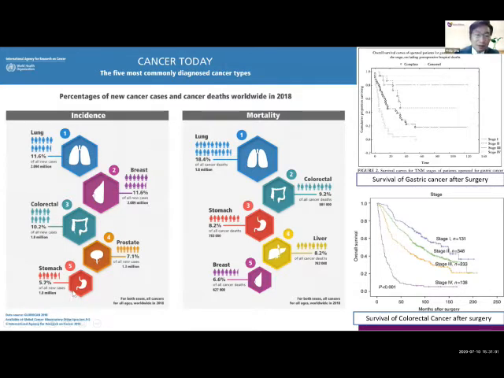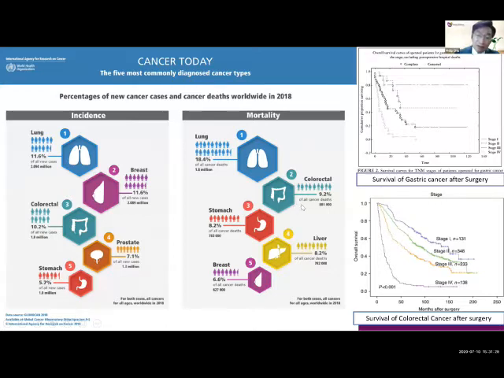Stomach cancer is number 5, but if you count stomach cancer and colorectal cancer as a whole, the percentage is 16% of all cancer incidents. If you look into the mortality, stomach cancer and colorectal cancer are among the second and third most common. And we also know from the literature that the survival of gastric and colorectal cancer depends on the stage of diagnosis.